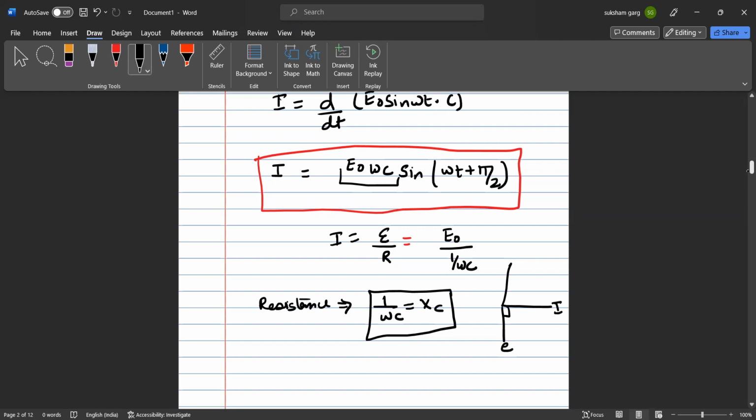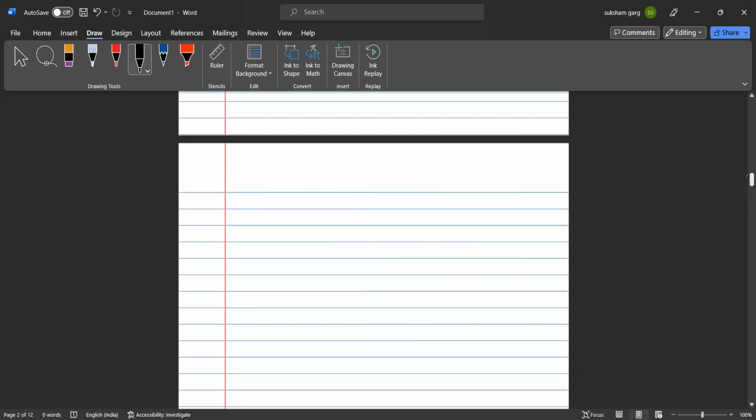In case of a capacitor, the current leads. Now, in the given numerical, these guys will give you an LCR circuit, the circuit which will contain resistor, inductor, and capacitor, all three together. And then we have to figure out what is the total resistance of the circuit.